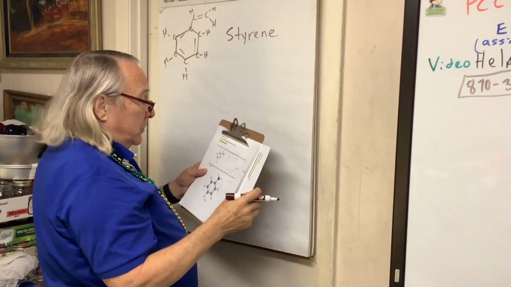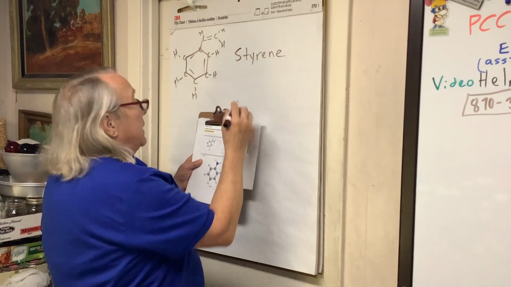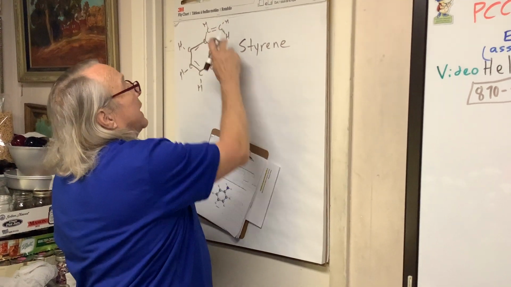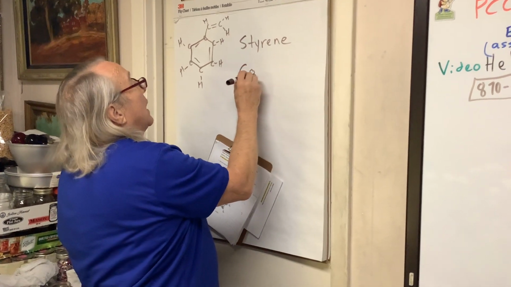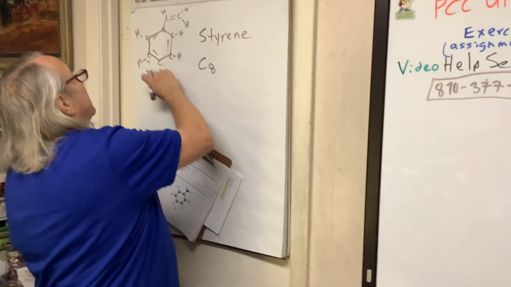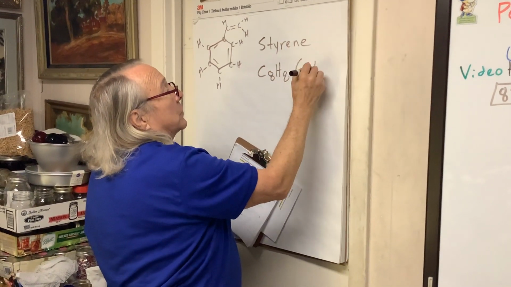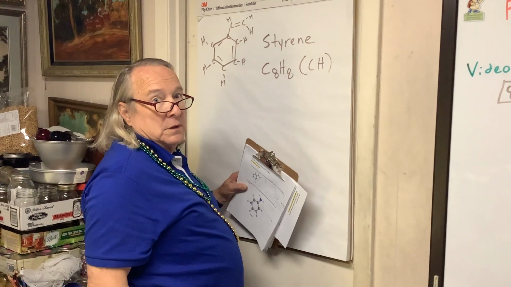Very common feedstock chemical. But if you look, it has 1, 2, 3, 4, 5, 6, 7, 8 carbons, and 1, 2, 3, 4, 5, 6, 7, 8 hydrogens. And in fact, it has the empirical formula CH.